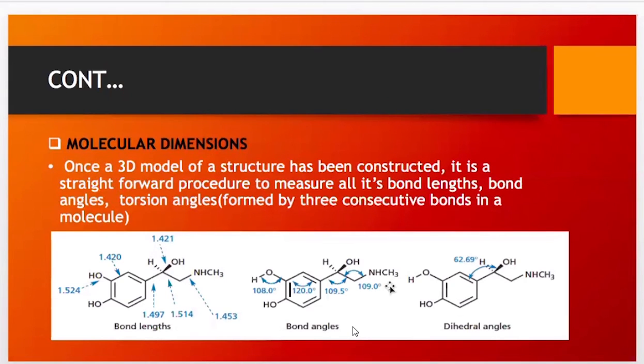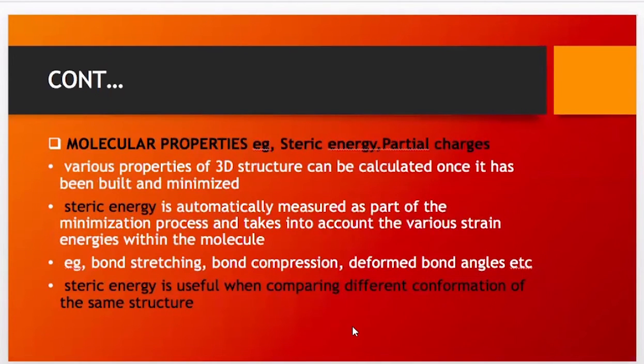So with the use of these softwares, you can actually see the angle of the bonds that are forming in your compound, and also the length. So if there's an issue with a certain bond length or bond angle, this can be worked on with the use of things like energy minimization processes.